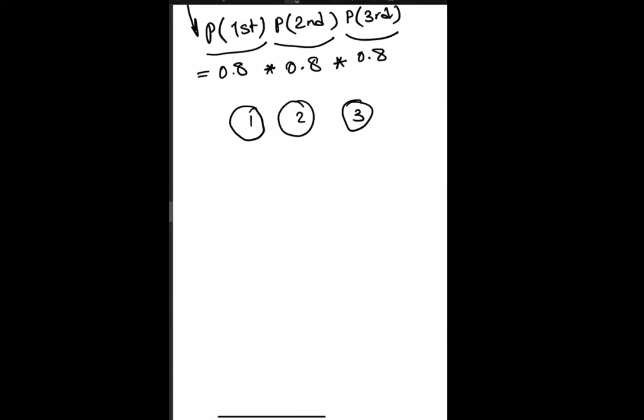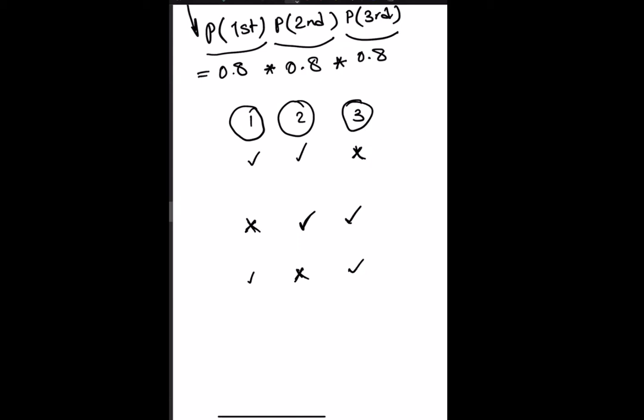The scenarios would be 1 and 2, 1 and 3, 2 and 3. The cross means the player gets defeated, and the check mark means the player defeats that opponent. So these are scenarios 1, 2, 3.